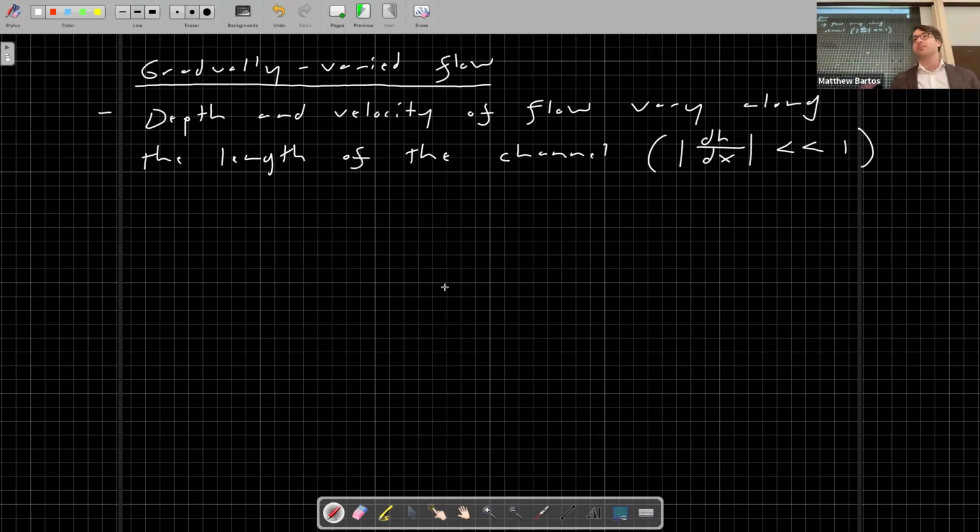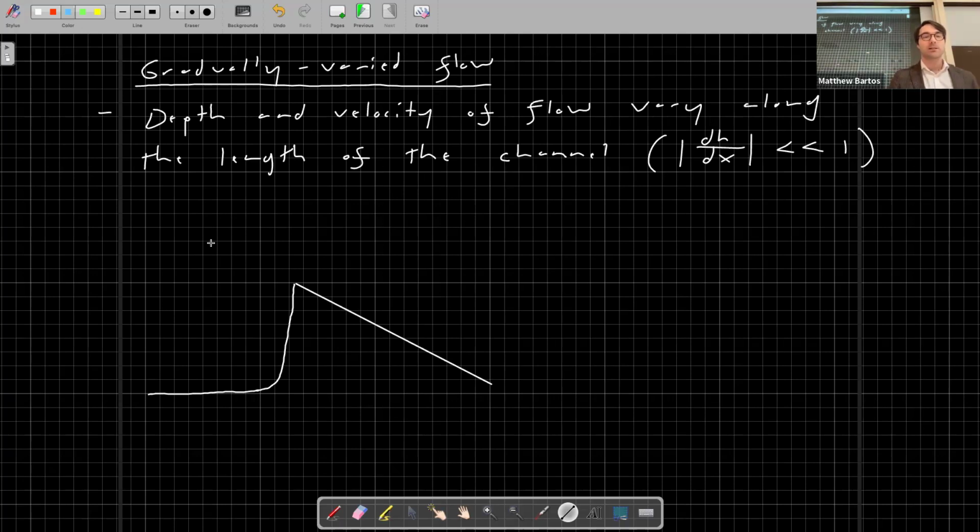So there are many different cases of gradually varied flow. I'll go over two illustrative cases here. The first case I want to talk about is gradually varied flow in a steep channel. This is similar to a homework problem that you are looking at. So let's say we have a steep channel.